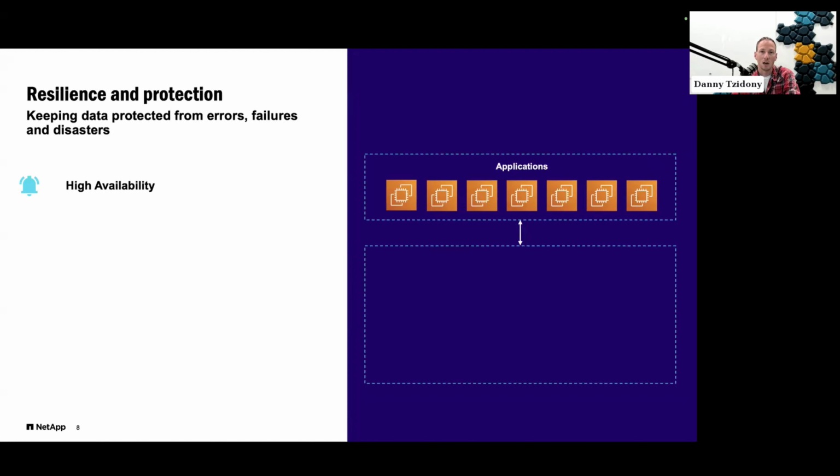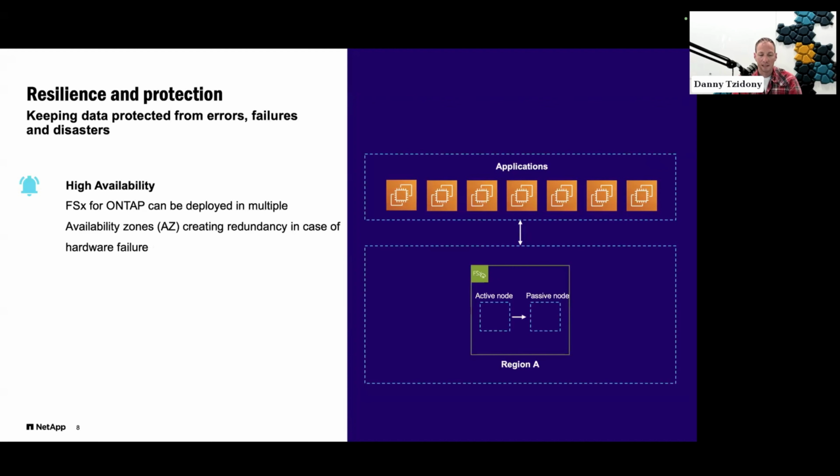Happens sometimes. If there's a local failure, a hardware failure in Amazon, then multi-AZ high availability is the best practice. That means you've got an active node and a passive node replicated in real time, making sure that your data is simultaneously kept on 2 AZs in whatever region you choose to deploy your FSX system.